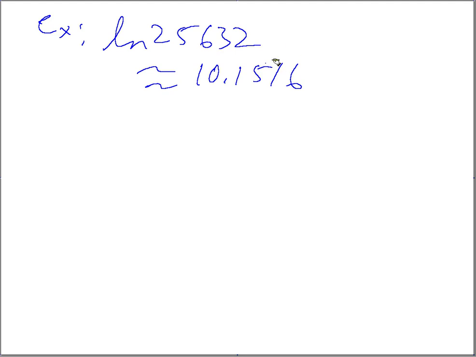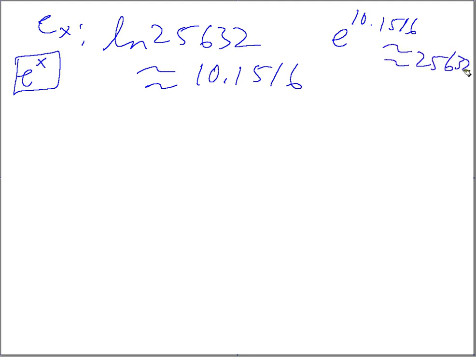Again, to double check that, just take e to the 10.1516 using the same ln button, except you have to hit the shift key or the second key, typically for most calculators, to get this e to the x feature. Take it to this power, and it should give you roughly 25,632.